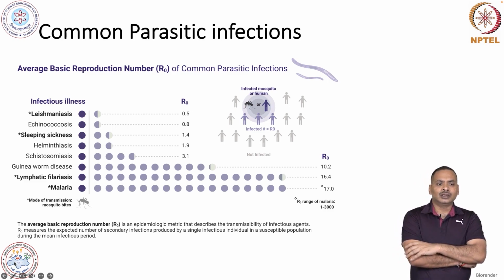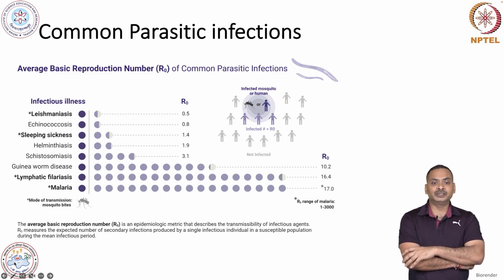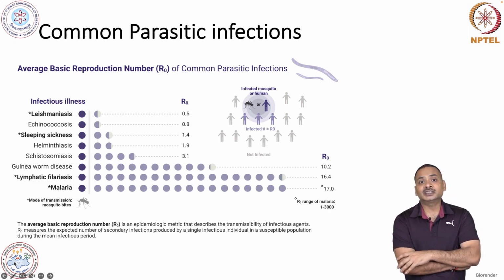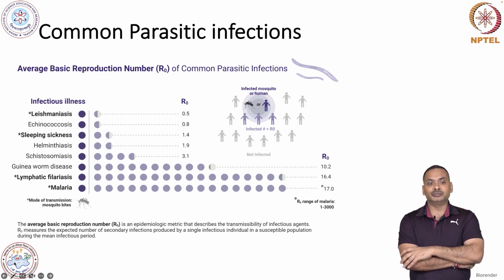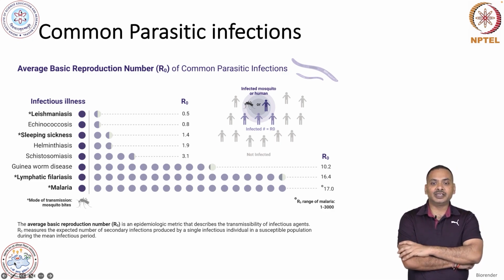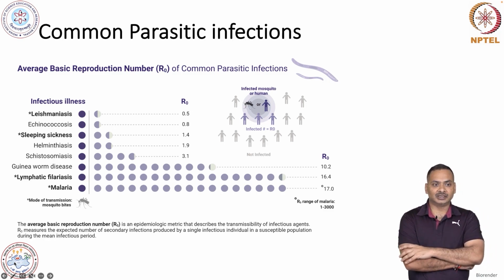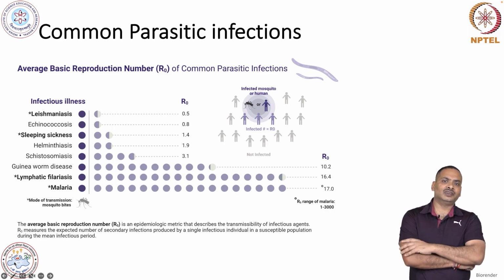R0 measures the expected number of secondary infections produced by a single infectious individual in a susceptible population during the mean infectious period. Malaria has a very high average basic reproduction number, about 17, compared to other parasitic diseases like leishmaniasis, sleeping sickness, lymphatic filariasis, and so on.